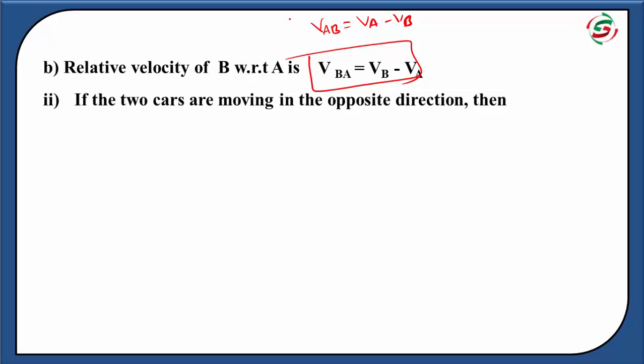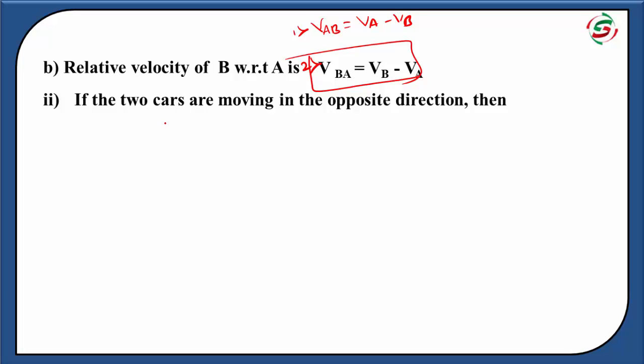This is the first equation, the relative velocity of car A with respect to car B. The second equation is the relative velocity of car B with respect to A, that is VBA is equal to VB minus VA.